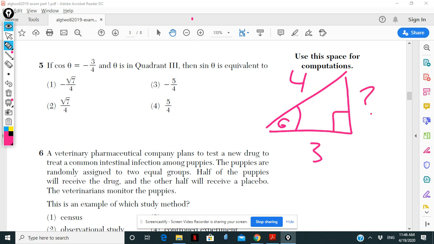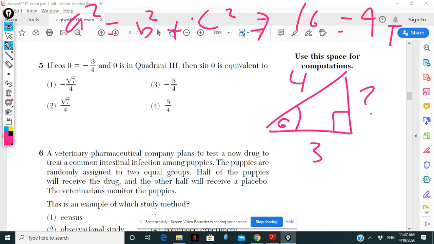So according to the Pythagorean theorem, a squared equals b squared plus c squared, which is going to be 16 equal to 9 plus c squared. So in that case, c squared equals 7, so that's going to be radical 7.